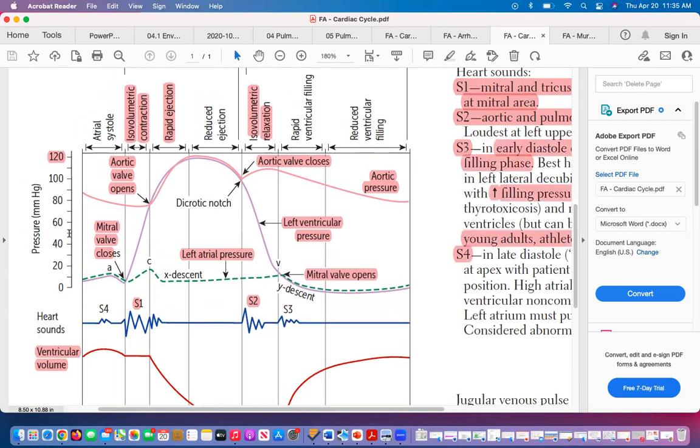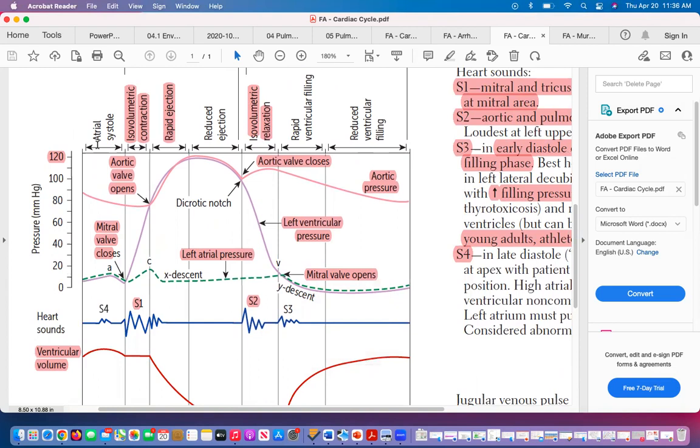So let's start from the first phase. As you know, first of all, as a quick review, on the left side of the heart, we have the mitral valve, which is the atrioventricular valve. And on the right side of the heart, we have the tricuspid valve.